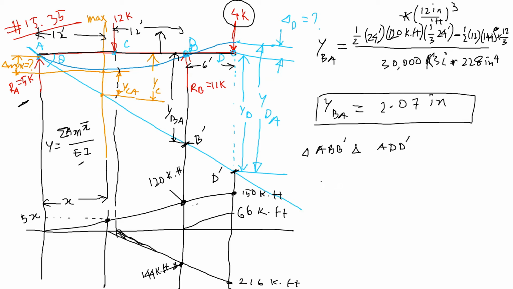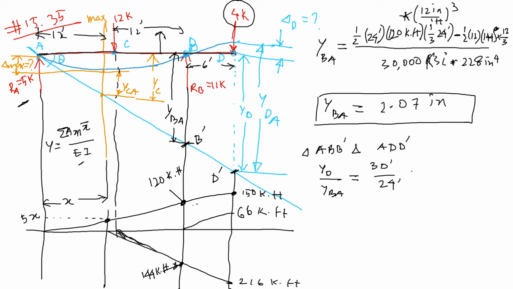So I can write YD by YBA: bigger triangle height divided by smaller triangle height equals bigger triangle base, which is 30, divided by smaller triangle base, which is 24 feet. So I don't have to convert anything, it will cancel out.